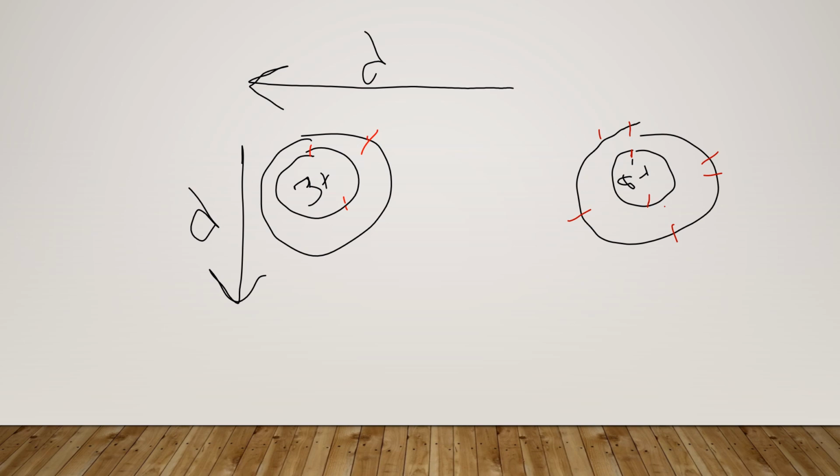So if I come in here and want to steal an electron, it's going to be real hard to steal it from this guy who has these 8 protons. It's going to be a lot easier for me to come over here and steal it from this guy who only has 3 protons, who can't hold on to his electrons very well.